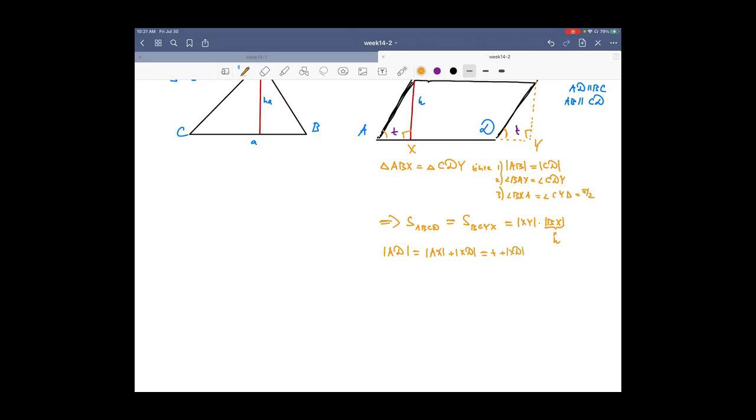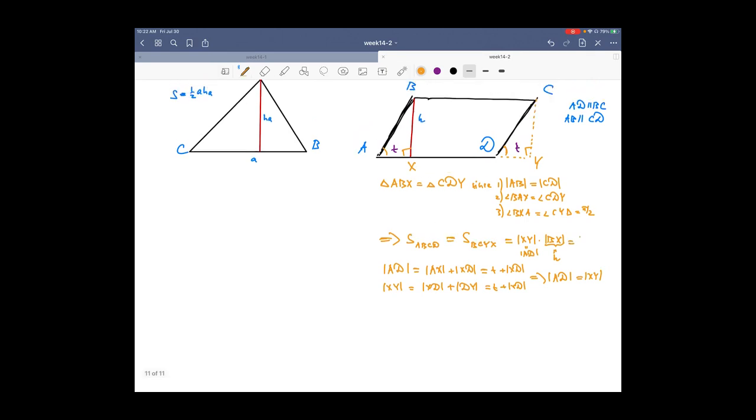And at the same time, XY equals XD plus DY. DY is t. So we have that AD equals XY. So we have that the area of the parallelogram ABCD equals AD times h.